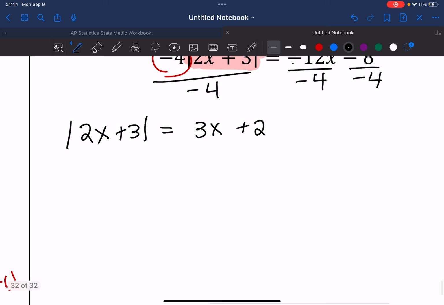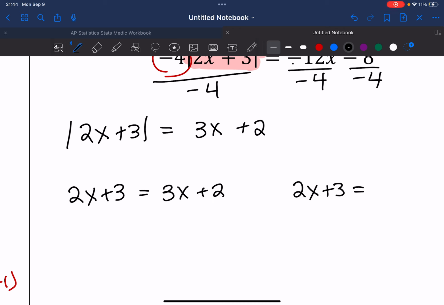Now I'm going to write my two equations. So I have 2x plus 3 is equal to 3x plus 2, and 2x plus 3 is equal to negative (3x plus 2).